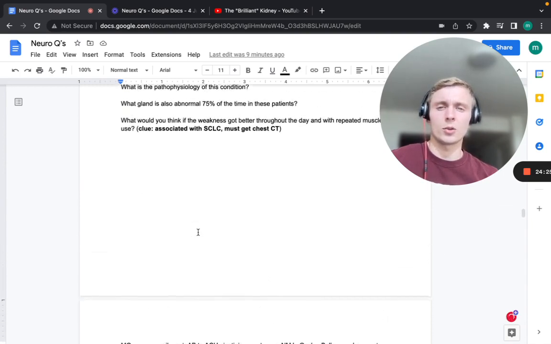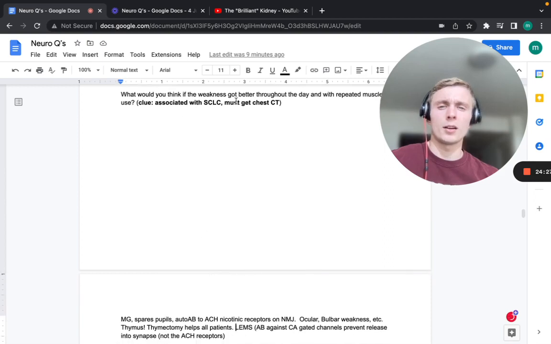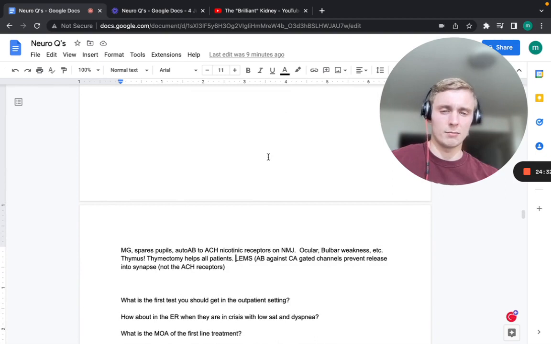And we said another question was, what if it got better throughout the day with repeated muscle use? What might we think with the same vignette? We might think LEMS, Lambert-Eaton myasthenic syndrome. So Lambert-Eaton myasthenic syndrome, that's going to be similar, but it's antibodies against the calcium-gated channels that prevent the release of acetylcholine into the synapse, not the acetylcholine receptors.